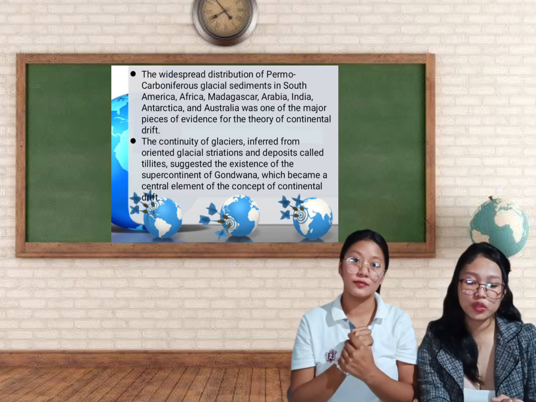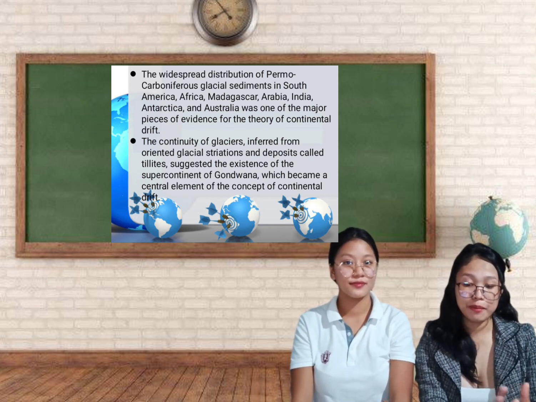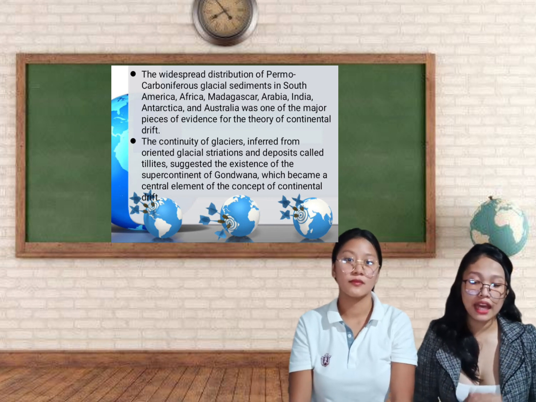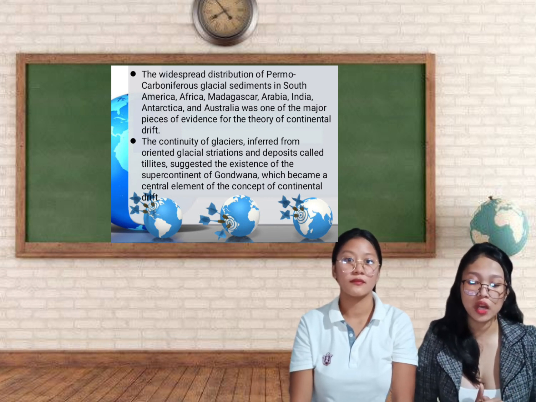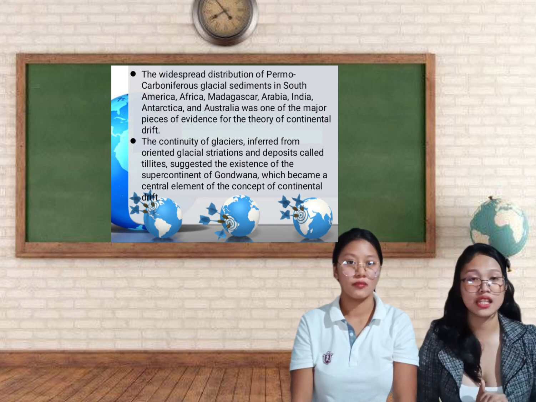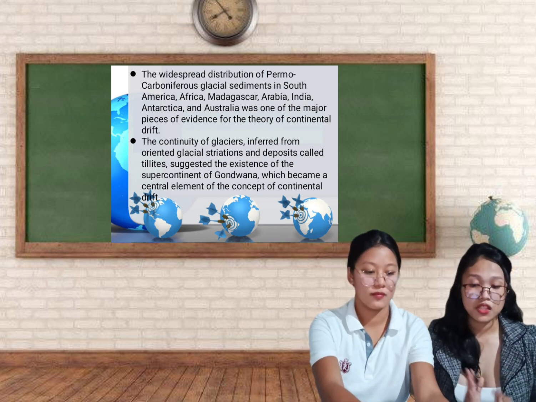Also, the widespread distribution of Permo-Carboniferous glacial sediments in South America, Africa, Madagascar, Arabia, India, Antarctica, and Australia was one of the major pieces of evidence for the theory of continental drift. So they were first connected since then.